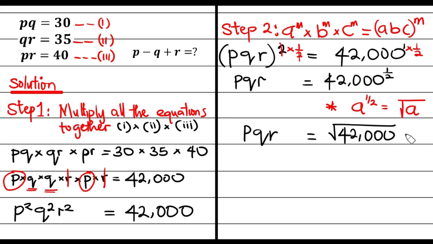To achieve that, this method is going to help me a lot. I write 42,000 here. I'm starting with 2 goes here, that's going to be 21,000. Another 2 here, I have 10,500. Another 2 here, I have 5250. 2 here again, I have 2625.